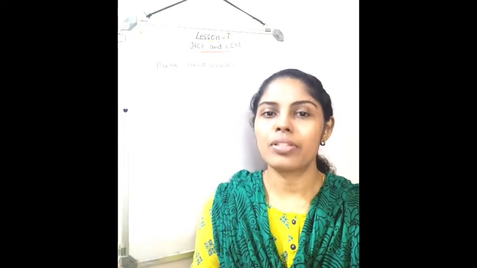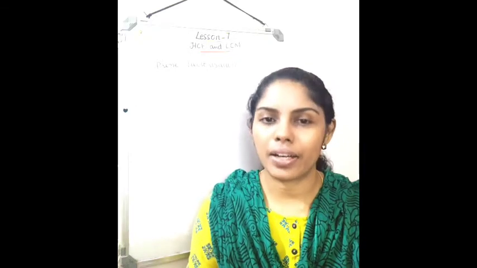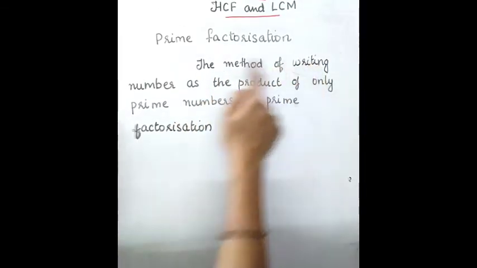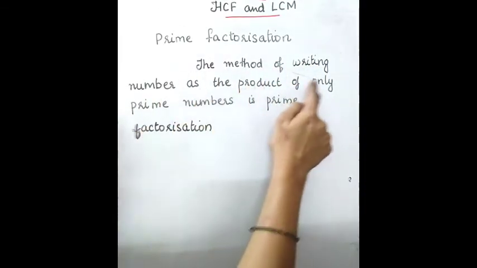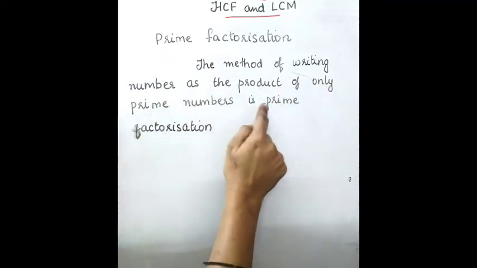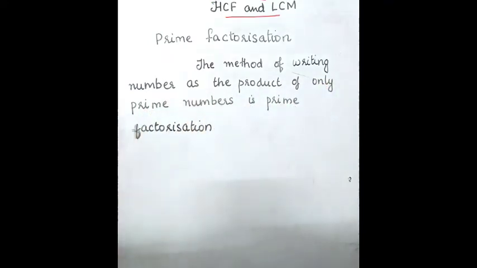That means writing numbers using 2, 3, 5, 7, which are the lowest prime numbers. Writing the numbers as a product of 2, 3, 5, 7, etc. is called prime factorization. The method of writing a number as the product of only prime numbers is called prime factorization.